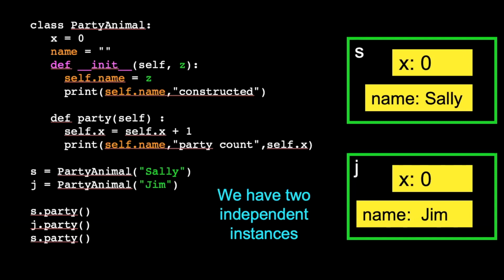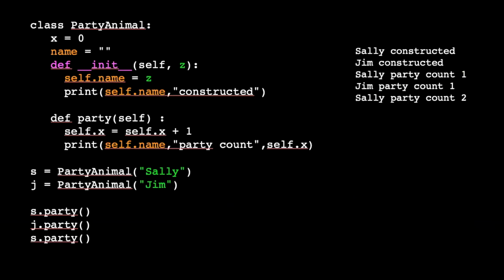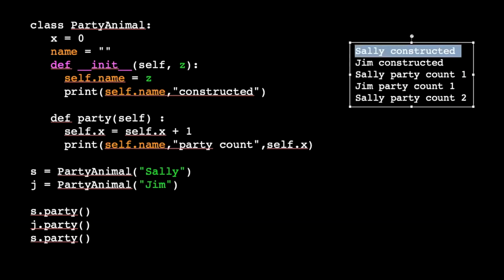So S could be at one address, and J could be at a different address, two different memory locations referenced by these two green boxes. So two independent instances here. This is all fine and dandy. Let's print it. So Sully constructed, Jim constructed, Sully party count 1, party count 2.